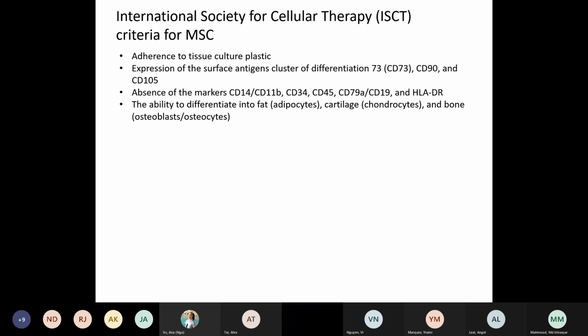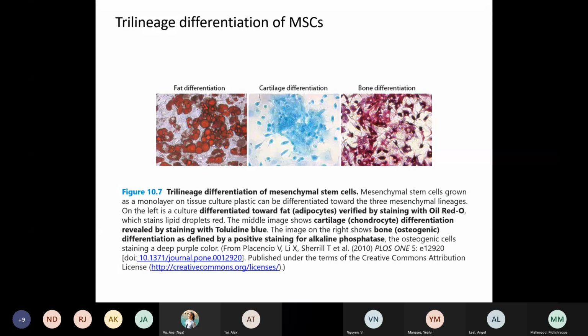So even with these four criteria, it's still very easy to fulfill. A lot of cells, from quite a few different places, can fulfill those four criteria.